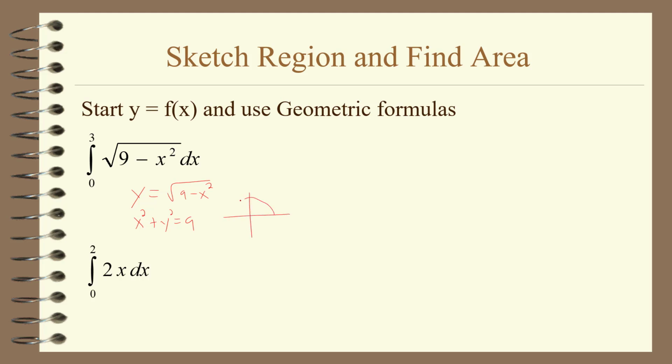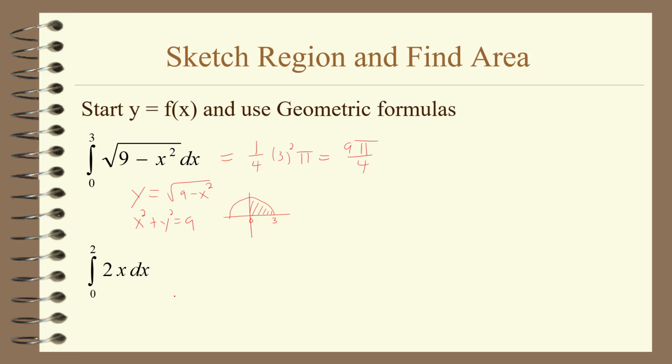Now for the circle, I would only be using the top half of it because y is equal to a positive square root. But in the definite integral, I'm looking only from 0 to 3. So shading the region between the graph and the x-axis for that interval, I only need, therefore, 1/4 the area of the circle. So the answer is 1/4. The radius here is 3, so it would be 3 squared times pi. So this definite integral is therefore equal to 9 pi over 4.